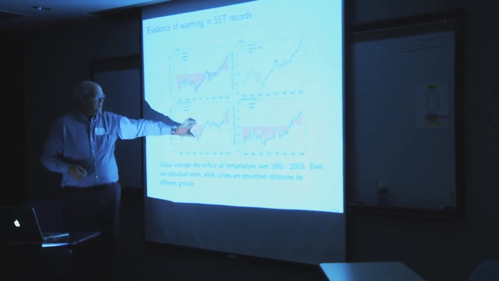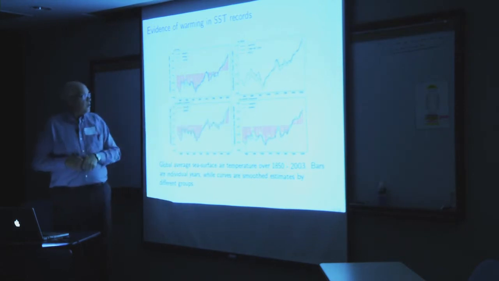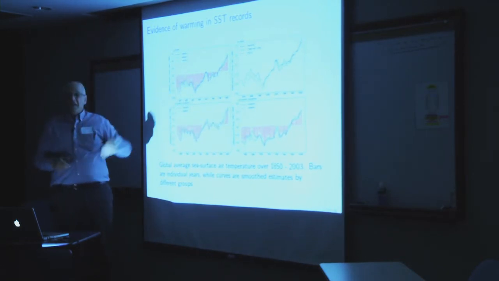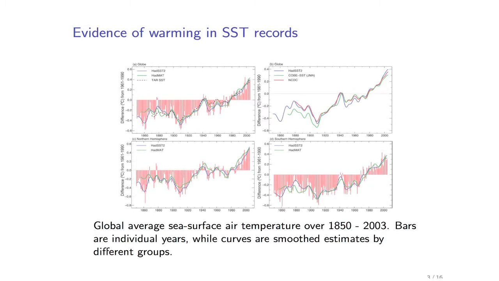So this is a figure from the fourth assessment report showing sea surface temperatures for the whole globe, and then for the northern hemisphere and the southern hemisphere separately. The red bars indicate annual averages of observations of sea surface temperature from both satellites and in situ measurements, thermometers that we have in the ocean. This is over an extended period from 1850, from the beginning of the Industrial Revolution.